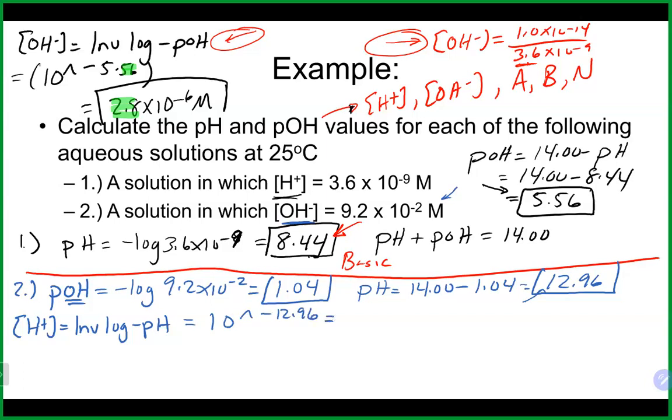And if we do that there, negative 12.96, we'll get something like 1.1 times 10 to the minus 13 molar, which again, if you use KW, should be pretty much what you get there. Maybe slightly different if you have a little bit of rounding, but pretty much should be the same number, as there shouldn't be too much rounding happening at that point.